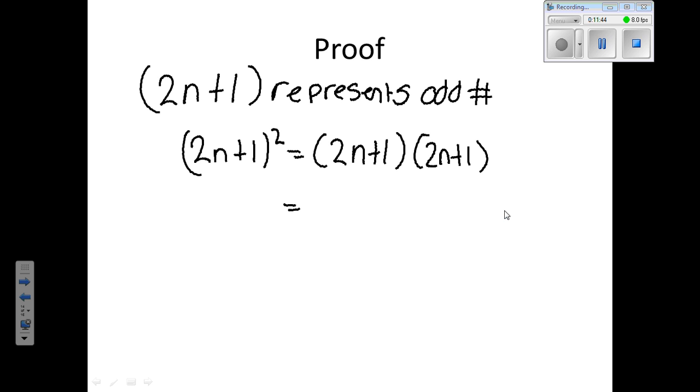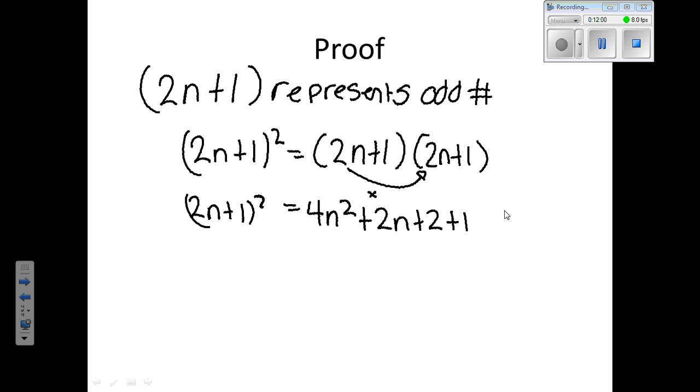Okay, our next step, let's expand it out. Okay, now let's combine like terms.